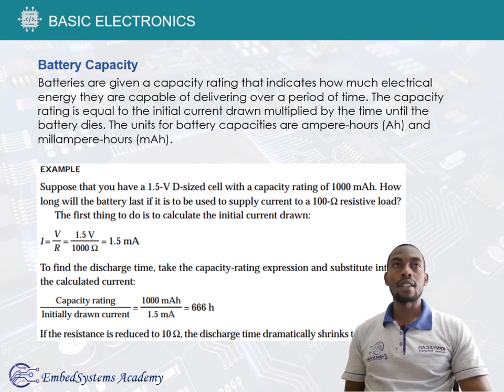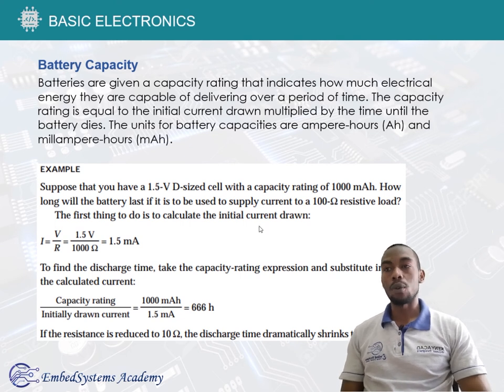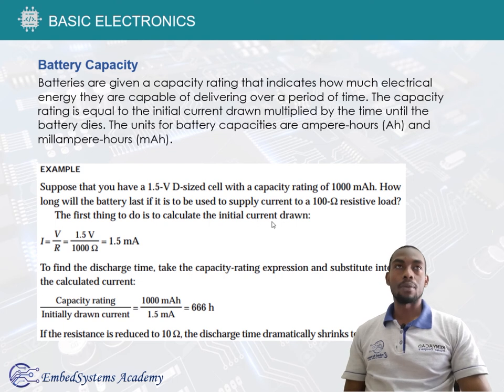So the higher the capacity rating, the longer the battery can last. Maybe you will look into this example and understand more. But it's as simple as that. The higher the capacity, the longer the battery can last in a system.